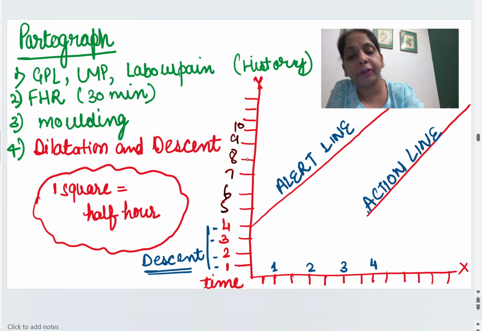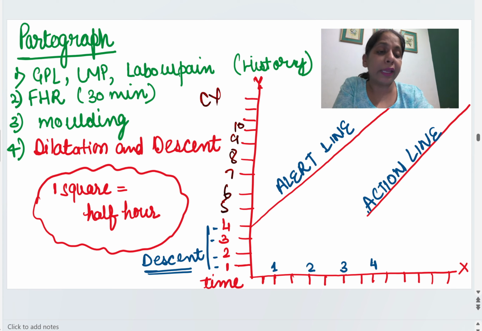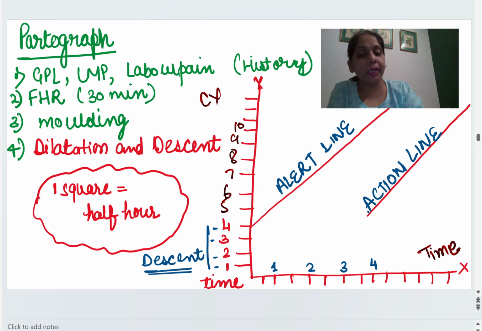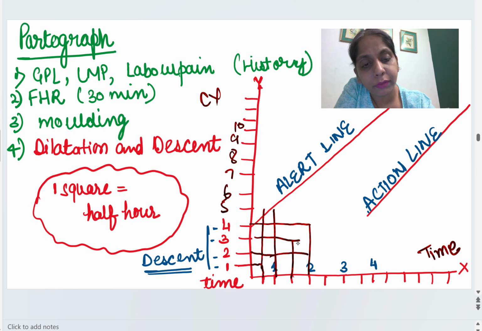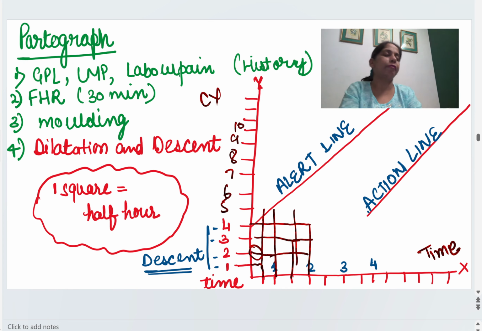These are the cervix parameters. And on the x-axis here it is time. Every one small square is for half hour.